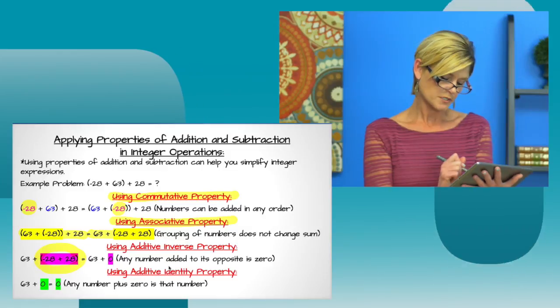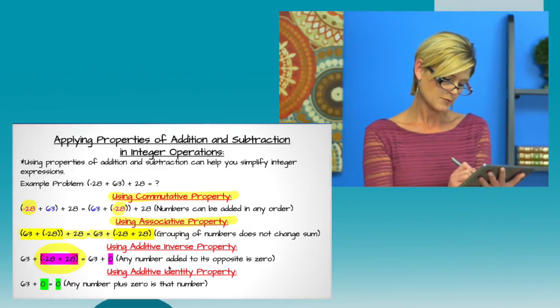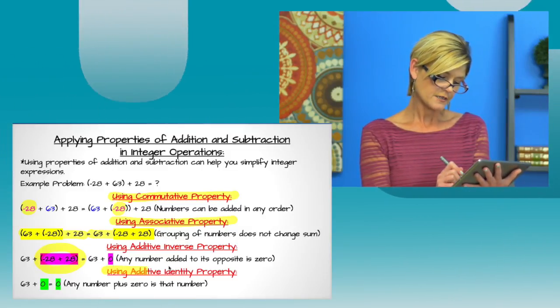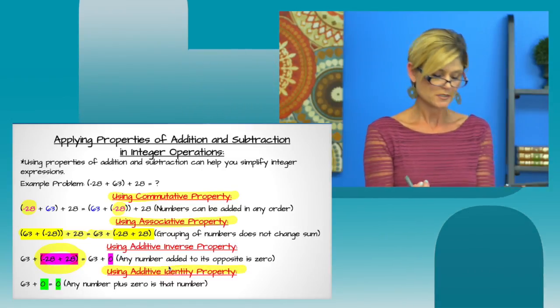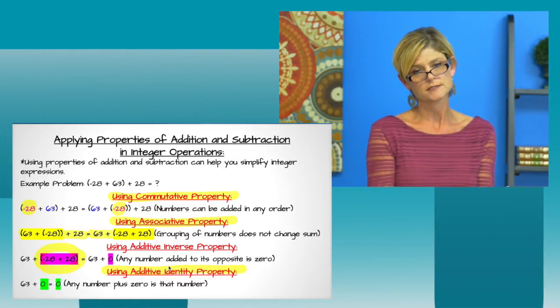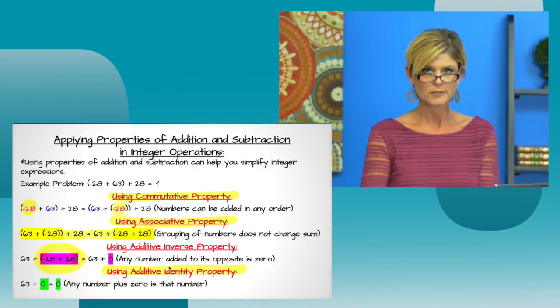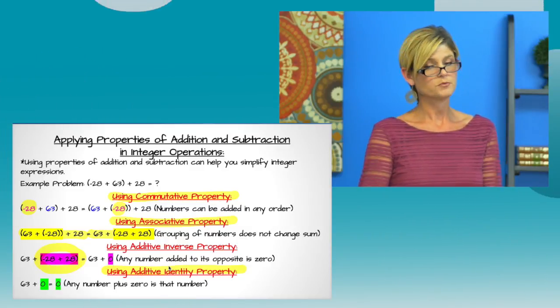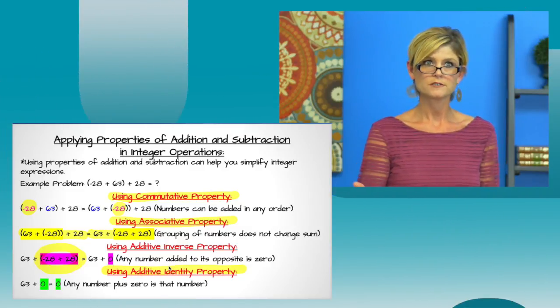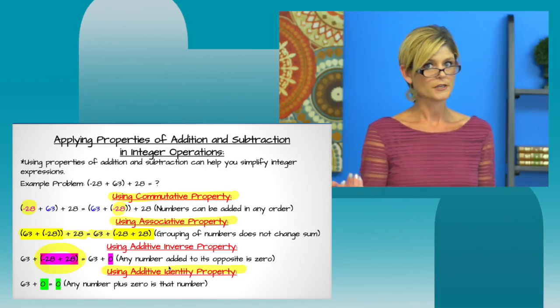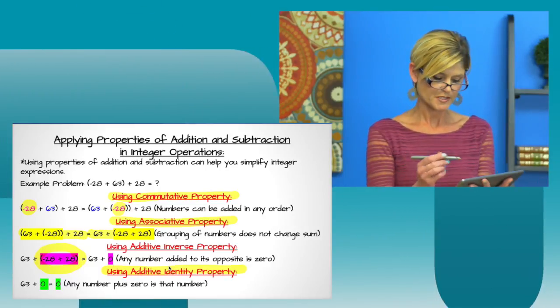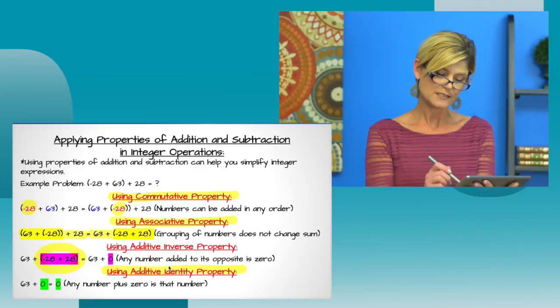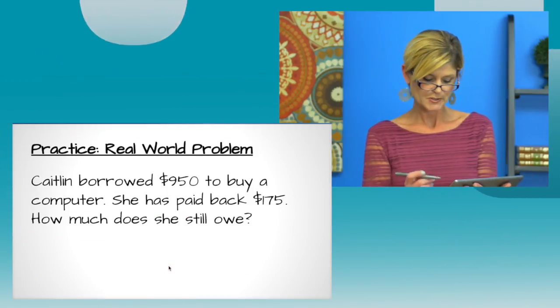Next thing we want to talk about is the additive identity property. The additive identity property just basically tells us that any number plus 0 is itself. So 5 plus 0, 5. 10 plus 0, 10. A million plus 0, a million. And that's basically what the additive identity property tells us.